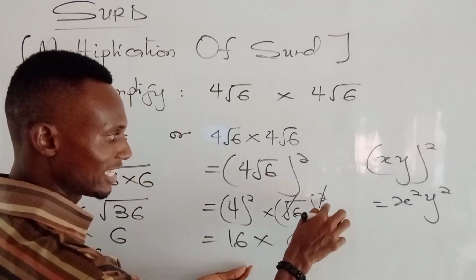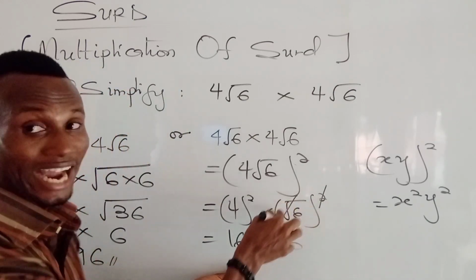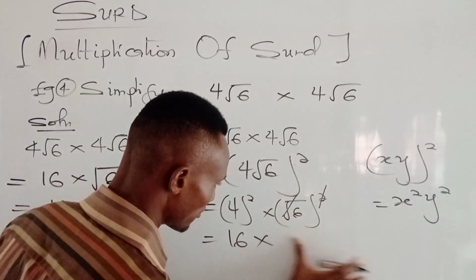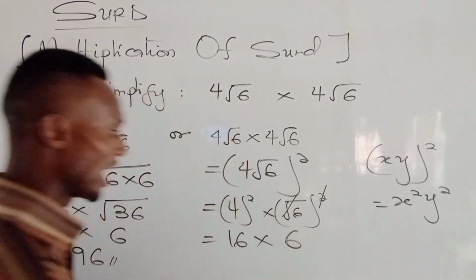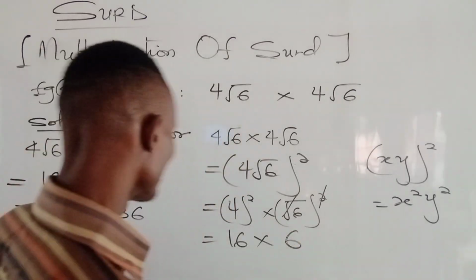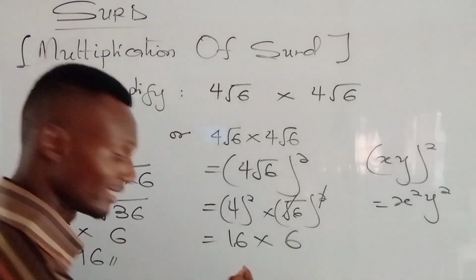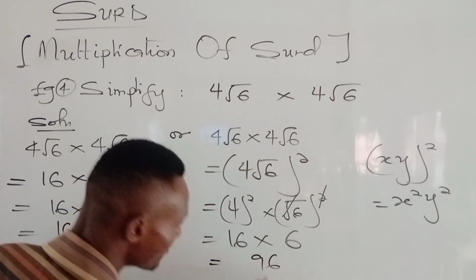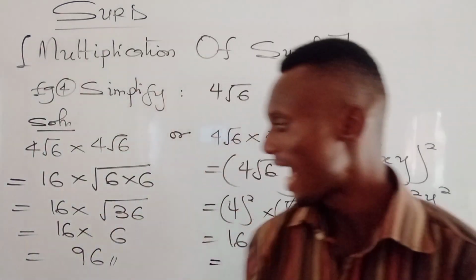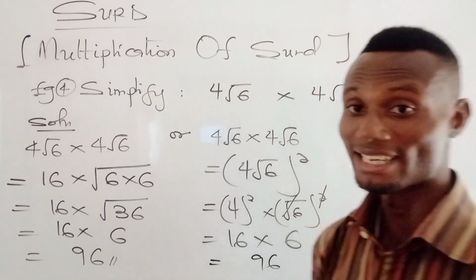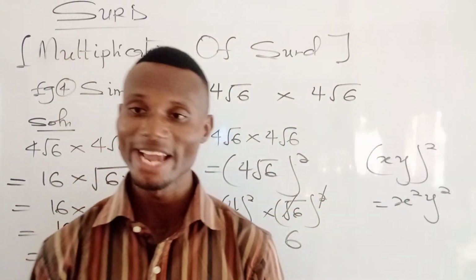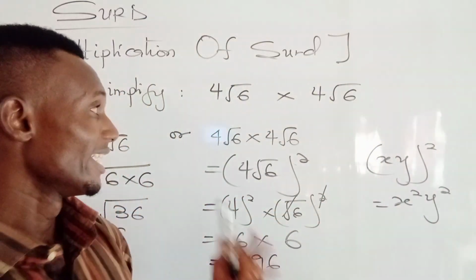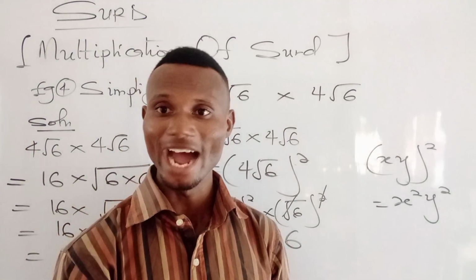Because when this power 2 cancels the square root sign away, we are left with 6. So we have 16 times 6, and 16 times 6 gives 96. We arrive at the same answer as before. You can see that you are getting the same answer. I hope the explanation is clear enough and you understood it.